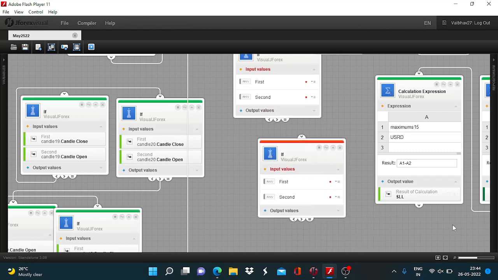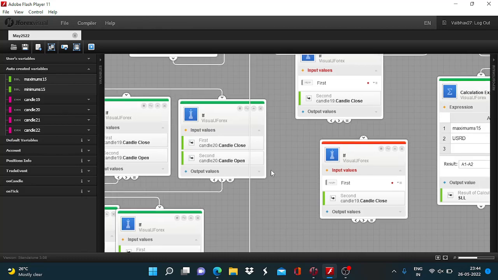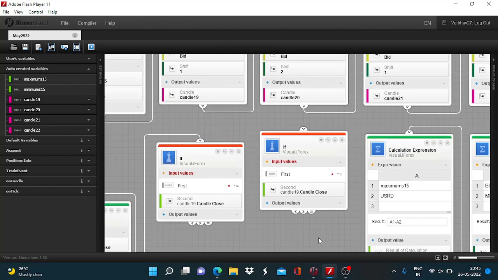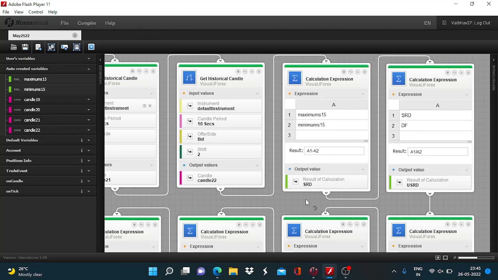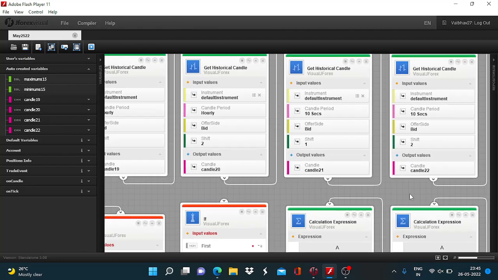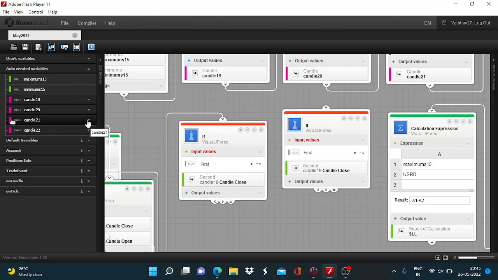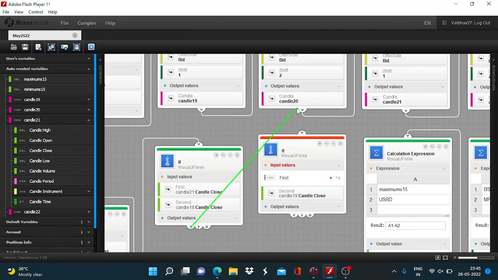So for that, again, we have to take candle 19 candle close and compare it to the closing values of candle 21 and candle 22. Candle 21 candle close should be less, so first input less than second input.